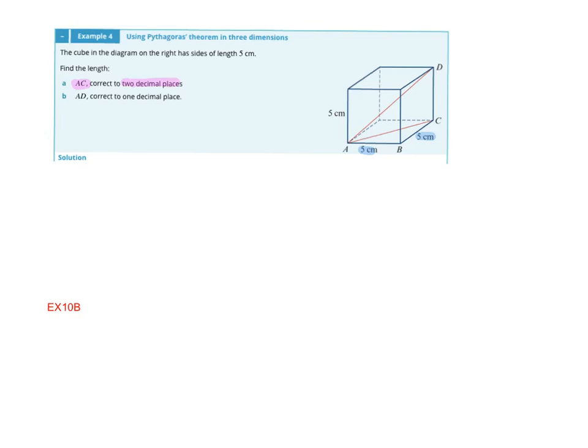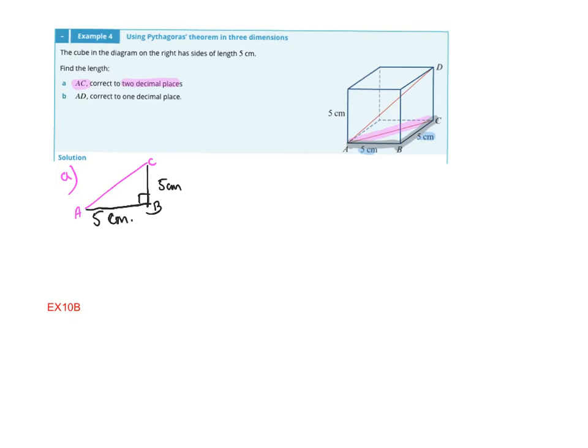So if I go over to my diagram, AC is along the floor there. So what I'm going to use is this right angle triangle there. So for question A, here's A and here's C, and I'm going out along the floor, and there's B and there's the right angle triangle, but I know these are 5 and they're 5.